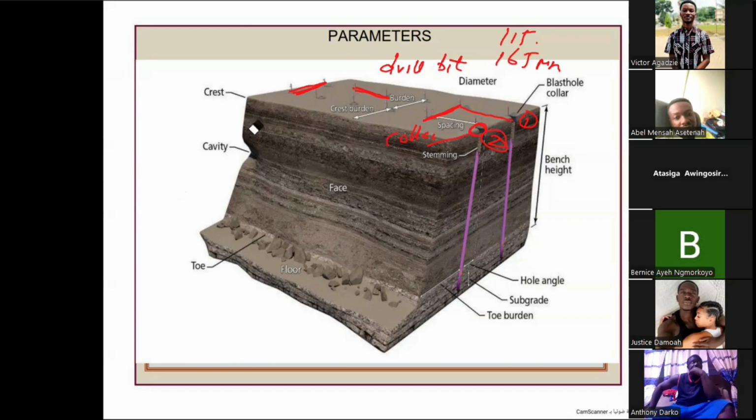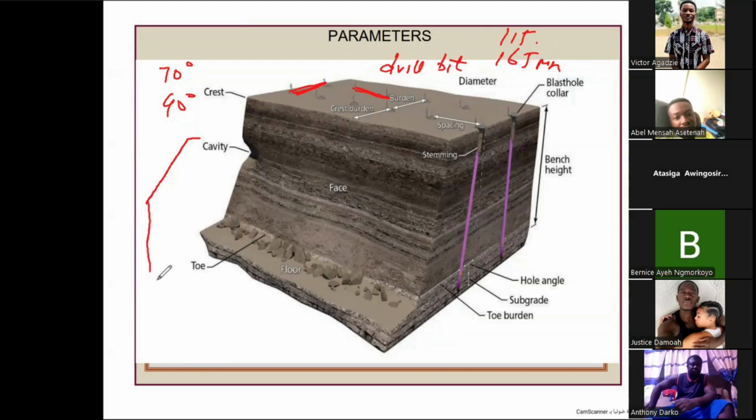For instance, if you are using multiple benches and you are doing presplit drilling, you can decide to first drill at an angle of 70 degrees, then the remaining benches will be 90 degrees.